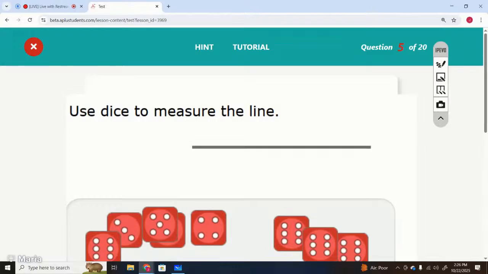6. You can do this at your home. Just make the lines, keep things with you. Maybe they are paper clips, they are dice, and see how long they are.